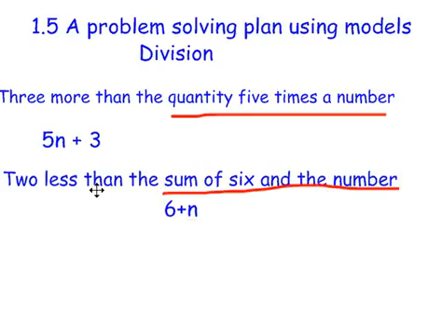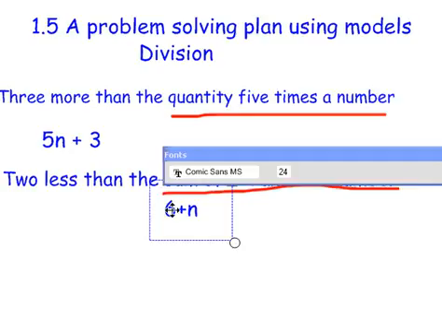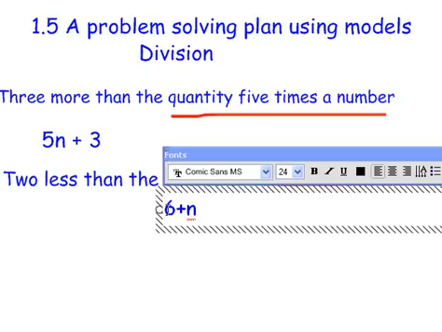And 2 less than this means that it's going to be subtracted from this whole thing. So this is where we're going to make sure that we put in parentheses. And now we can apply the rest of it, which is 2 less than. So we'll do minus 2.